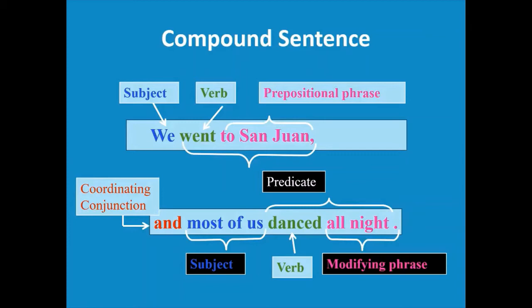In a compound sentence, most of the time two actions will be mentioned. Now, to identify a compound sentence, you should not focus on the actions happening in the sentence, but focus more on identifying the clauses.